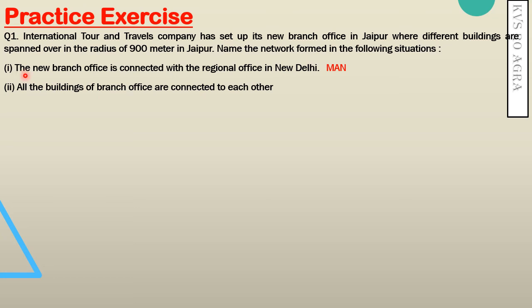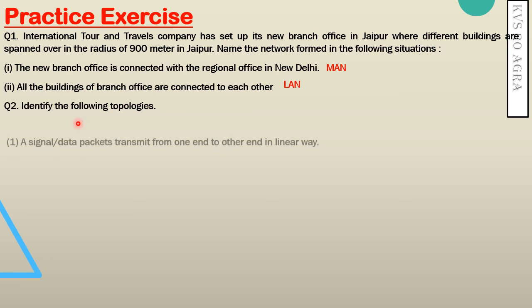The first one: the new branch office is connected with the regional office in New Delhi. So we are connecting our office in Jaipur to New Delhi, around 200 kilometers. So the network type is MAN. Second: all the buildings or branch offices within Jaipur, in the area of 900 meters, are connected to each other. So this network is LAN.